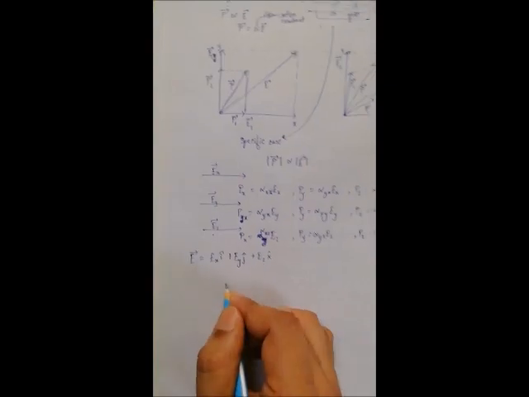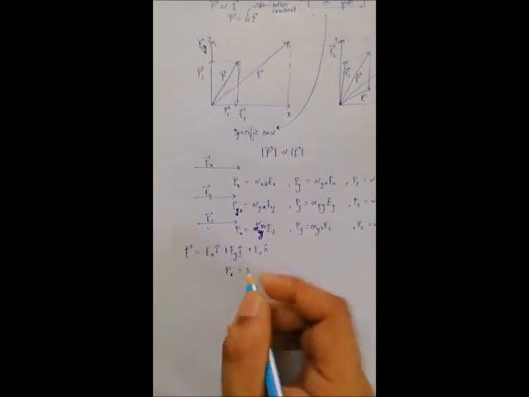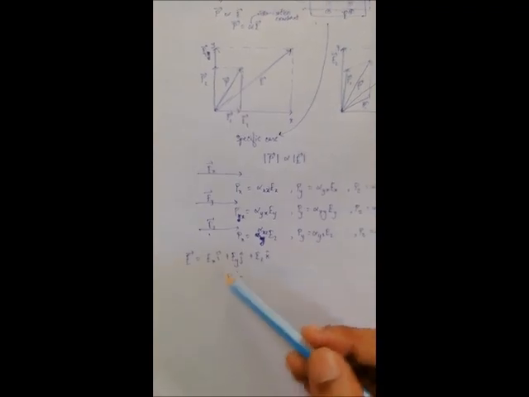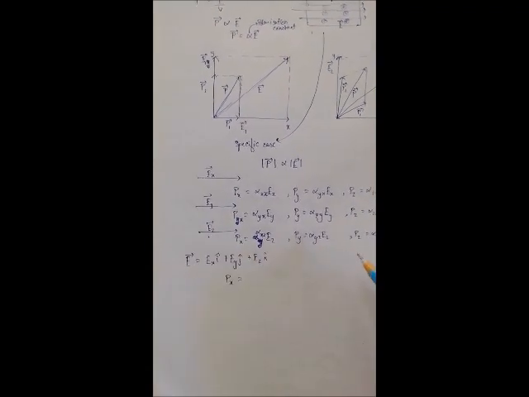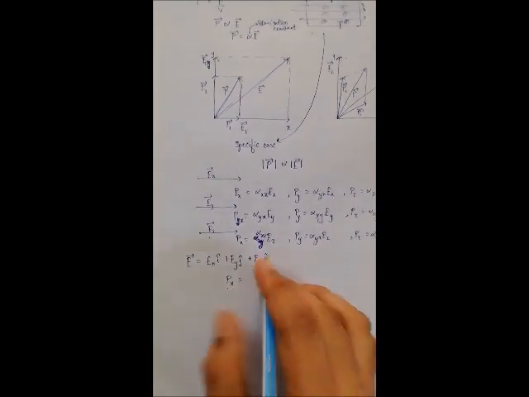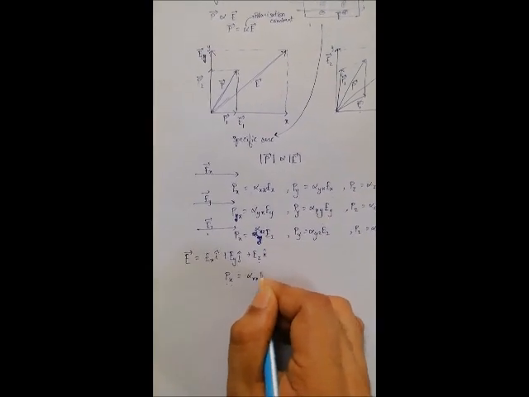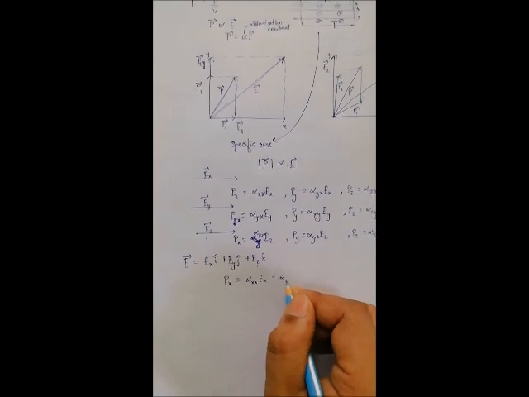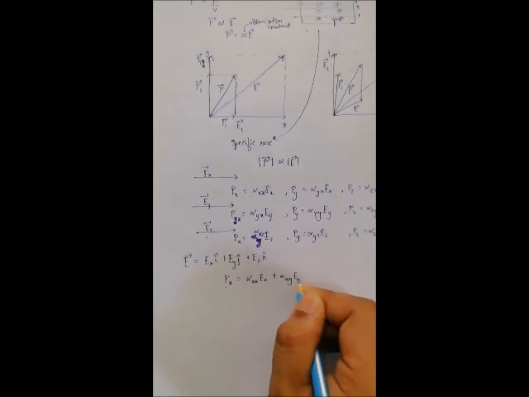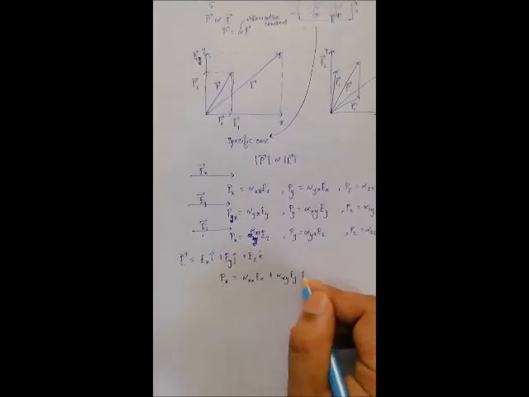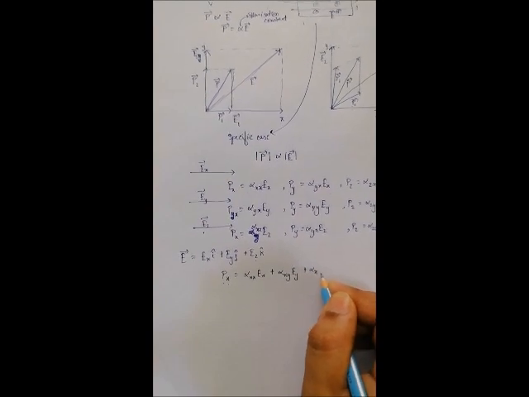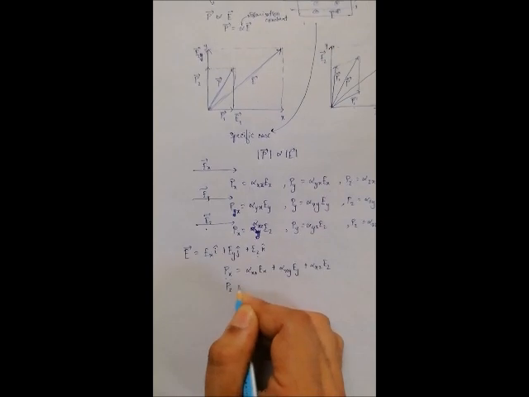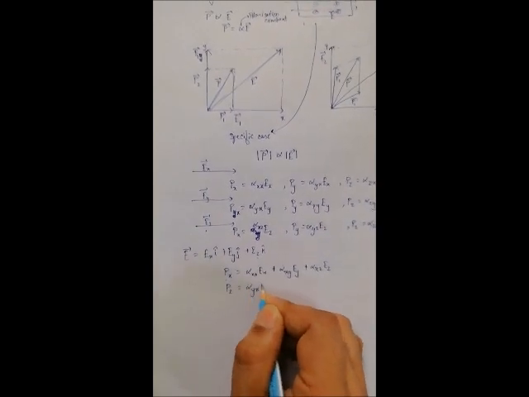Then the polarization along all the directions will be the sum of the dipoles induced due to the electric field in all these directions. So for example, Px will be alpha xx Ex plus polarization induced along x due to electric field along y, plus polarization induced on x due to electric field on z. Same will be the case for the others.